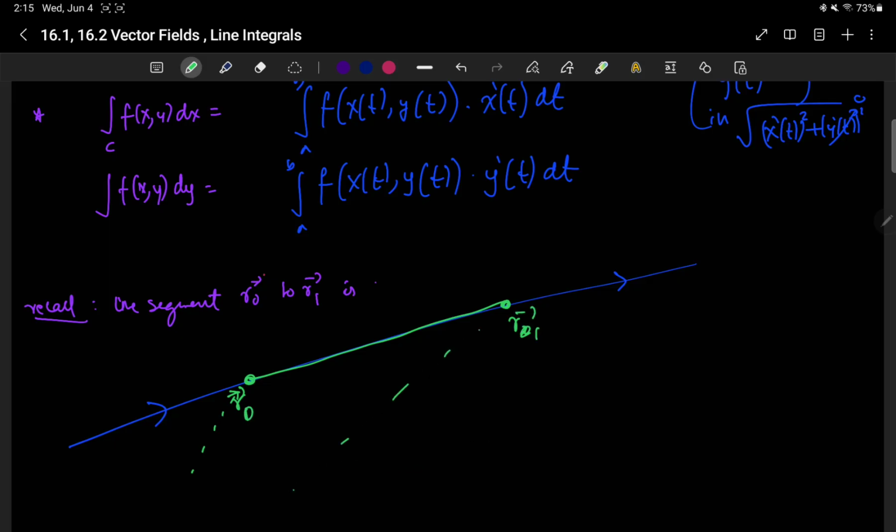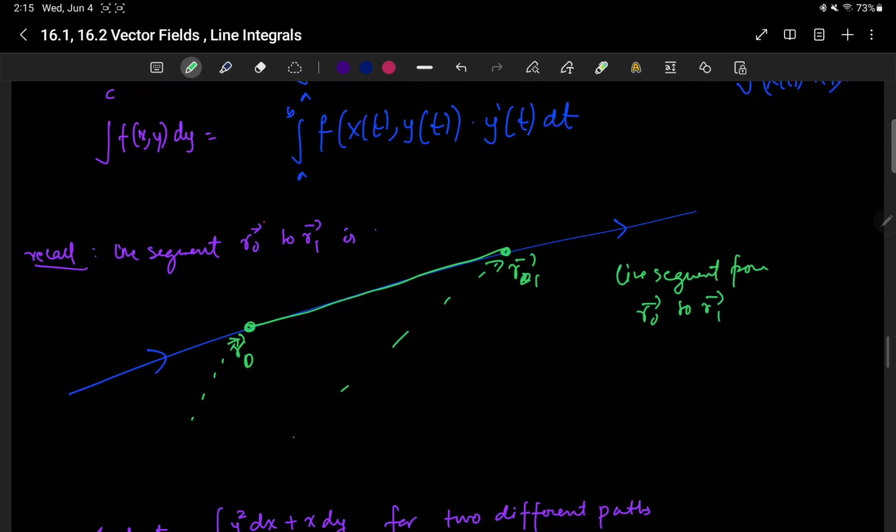That's the position vector of these. How do I find the equation of the line segment from r0 to r1? I will use a parameter: r(t) = (1 minus t) r0 plus t times r1.